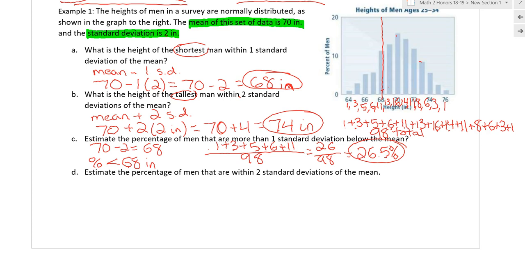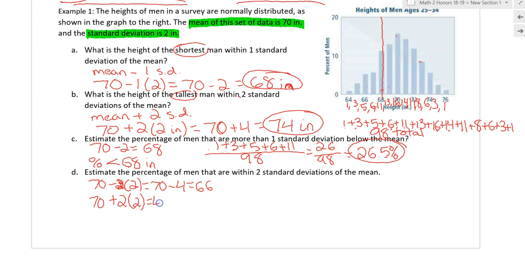All right, D, estimate the percentage of men that are within 2 standard deviations of the mean. So I want to do 70 minus 2. Sorry, 70 minus 2 times 2, because 2 standard deviations, my standard deviation is 2, which is 70 minus 4, which is 66. And then I want to do 70 plus 2 times 2.